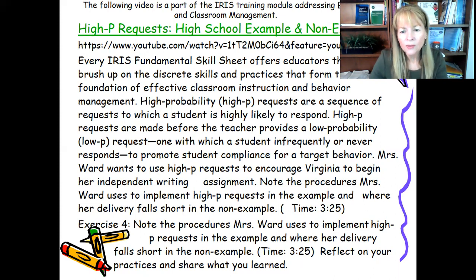I also want you to see where her delivery is left to chance, and I want you to reflect on your practices and share what you've learned as a group. After you complete this, your team recorder would put all of your answers on the same file and submit the file for the team.